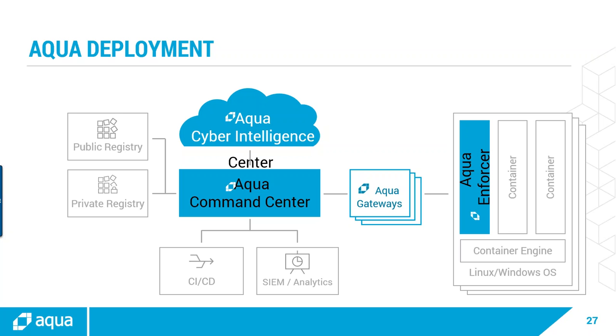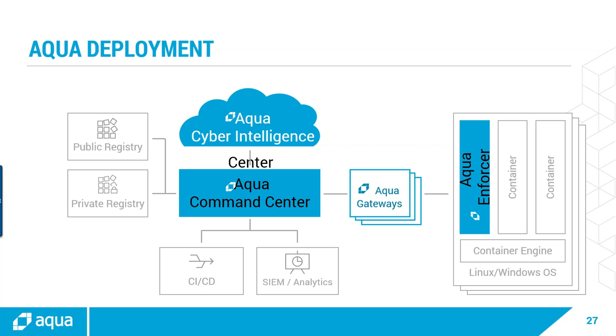It then connects through a scale-out component that we call the gateway, that allows us to scale out to address very large environments, to connect to our enforcers, which are containers in their own right, that you install on every machine that runs containers in your environment. The enforcer, as its name implies, enforces the policy.